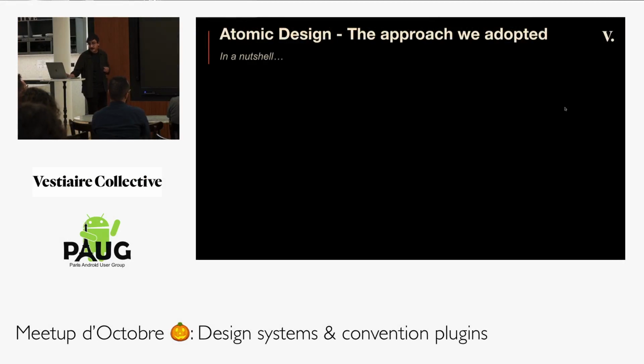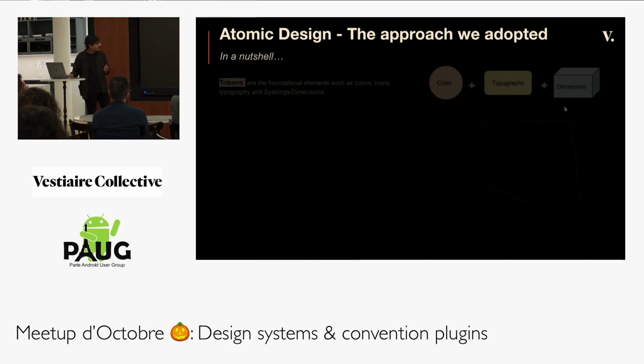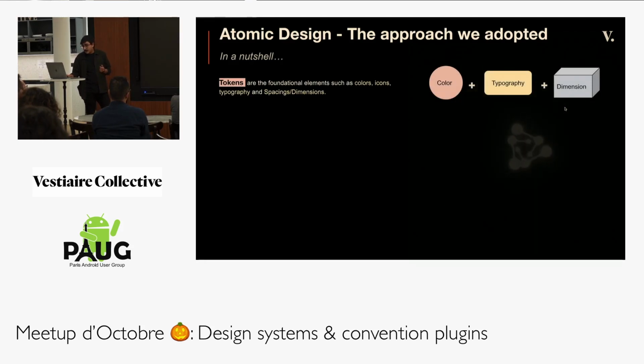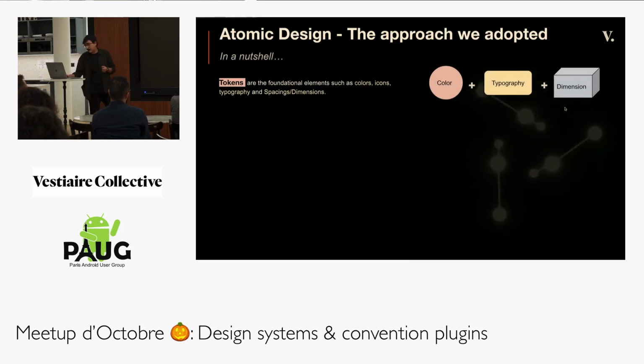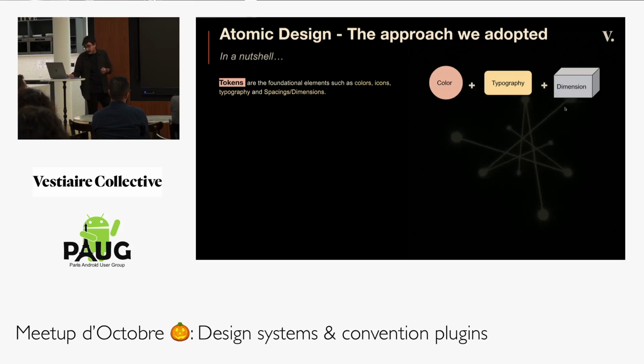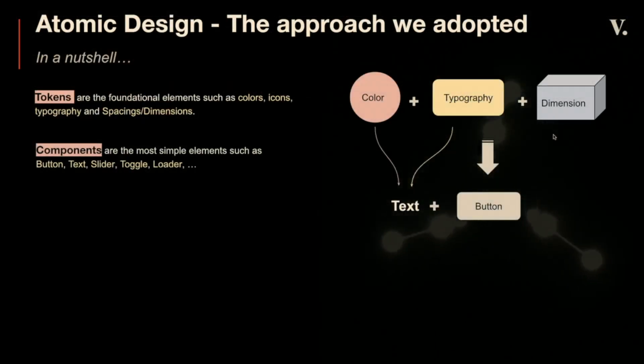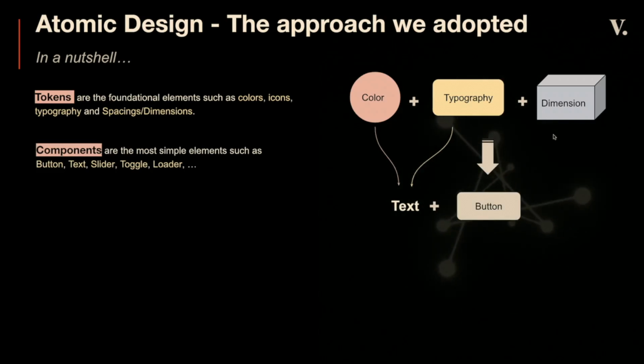So out of Brad Frost's shift of structure, we needed to agree on something. So in a nutshell, for us, elements of atomic design can be defined as follows. The tokens are the foundational elements, such as colors, icons, and typography. Components are the most simple elements, for example, a button or a text.